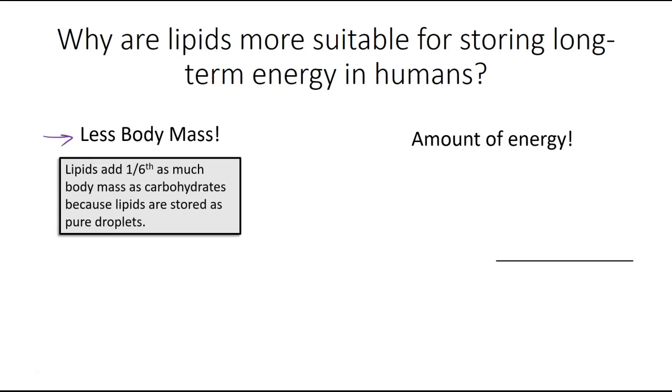Because lipids are 1/6 the mass of carbohydrates, they are much, much lighter, and we can keep organisms less massive, which is really important when we talk about cellular metabolism and the energy demands placed on each and every cell.